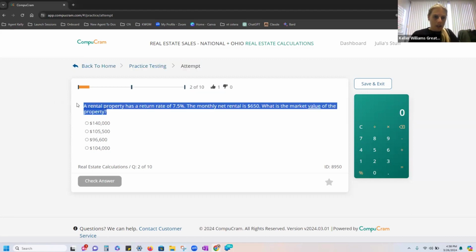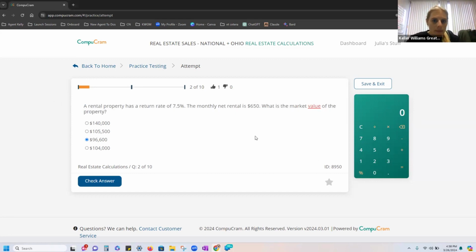I'll put the question in the chat. Oh, sorry, I didn't choose an answer yet. So a rental property has a return rate of 7.5%. The monthly net rental is $650.